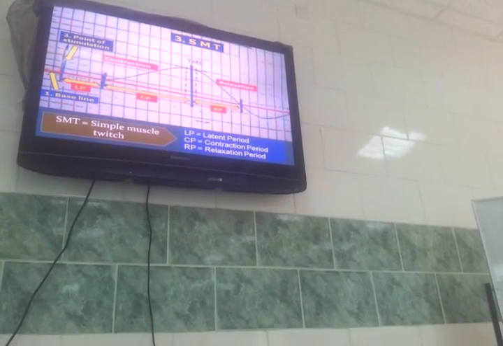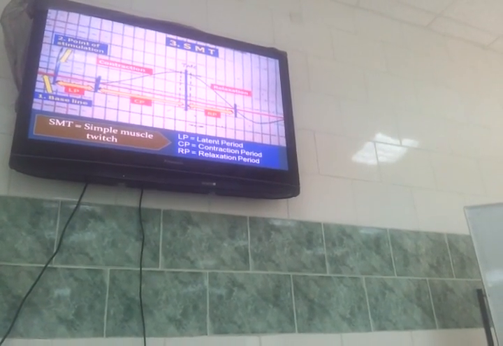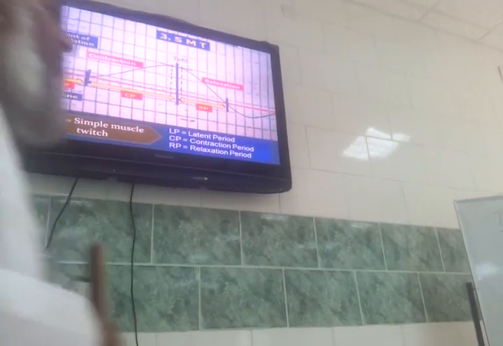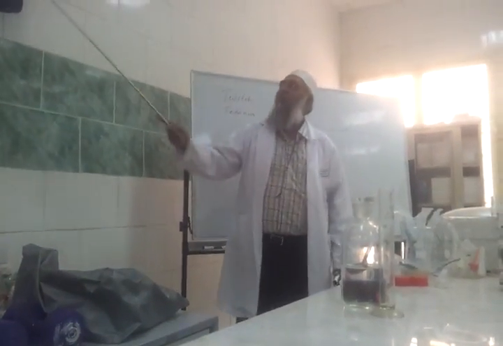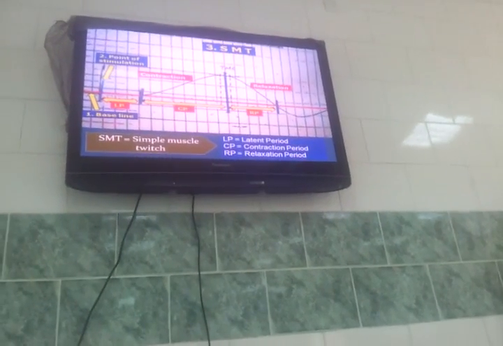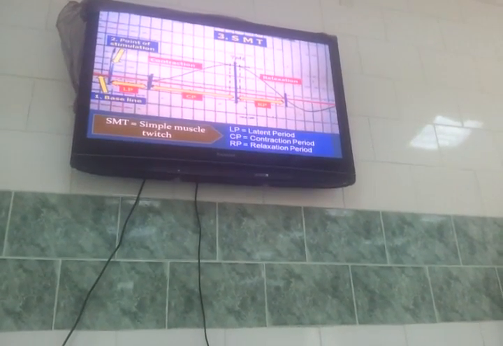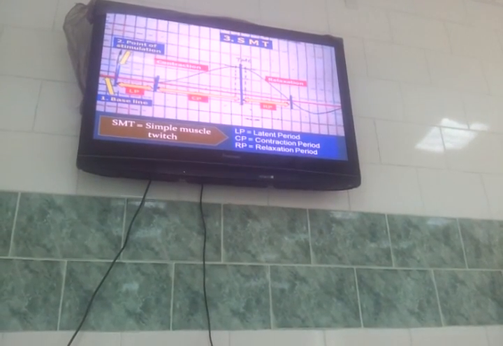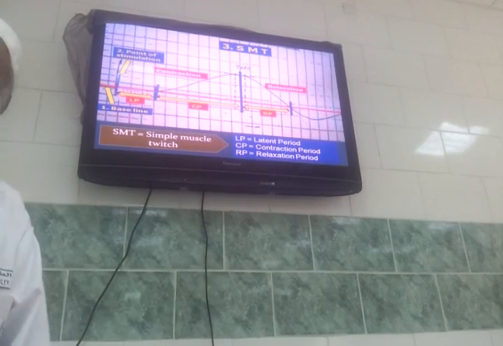But if you keep the paper fixed, then you will get the response as a single line. This is the only difference. Now when you have the response in the form of a curve, from this curve we can measure many different parameters.